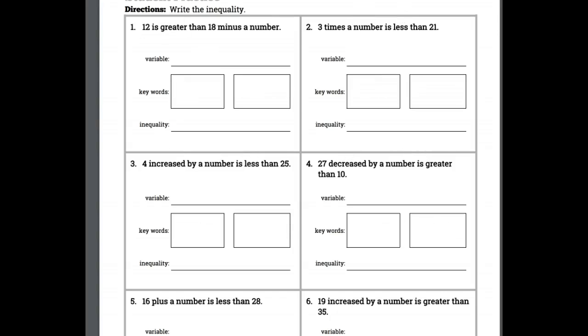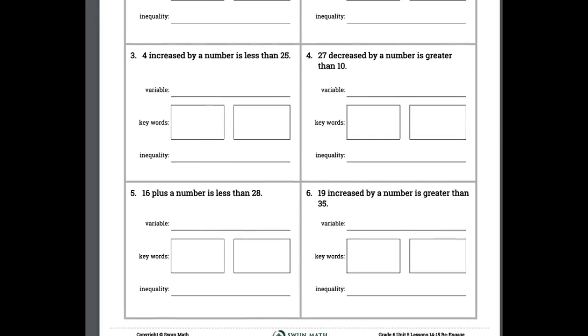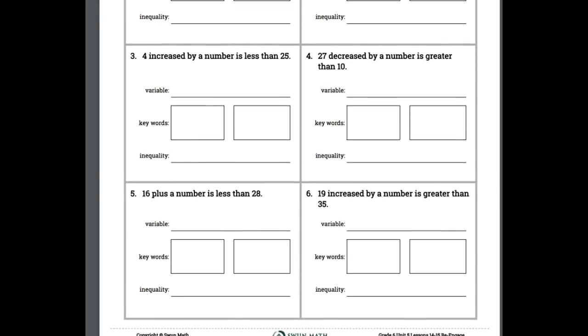Okay, now moving down to 5 and 6. Again, we're going to code this first, and then you're going to go back and fill in the information and complete the keywords. Complete the keywords and write your inequality. Okay, so 16 plus.